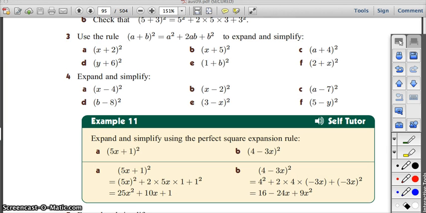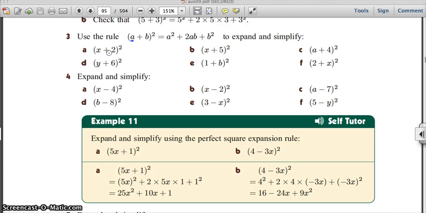So what we're saying is, let's square this first number. On this occasion, it's this. So we're going to square that first. Just happens to be a coefficient. So we're going to square that there. And then our rule says we're going to add 2 times whatever our first coefficient is.